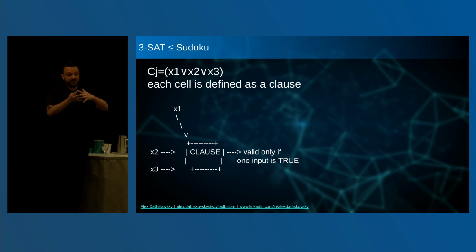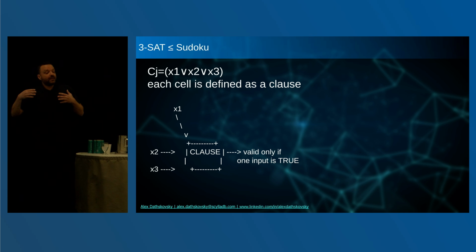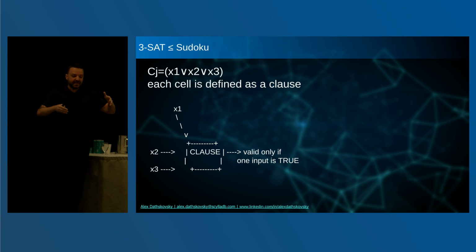Clauses have three variables inside them, as I said, and each clause will represent a number in Sudoku, not just a clause in 3-SAT, a number in Sudoku as well. Then we will build the grid of the Sudoku with all those clauses in a way that we will get true in all the clauses. And if we get true in all the clauses and all the numbers that are represented by the clauses are good, basically we can say we solved the 3-SAT problem and we solved the Sudoku problem.